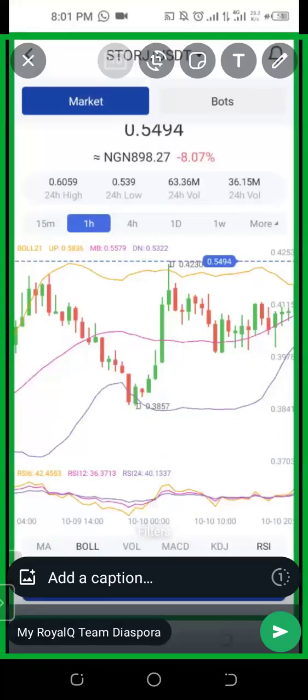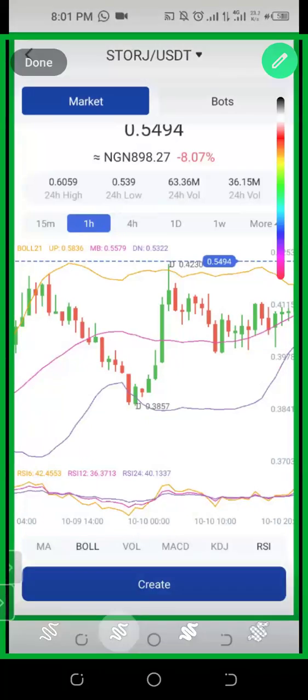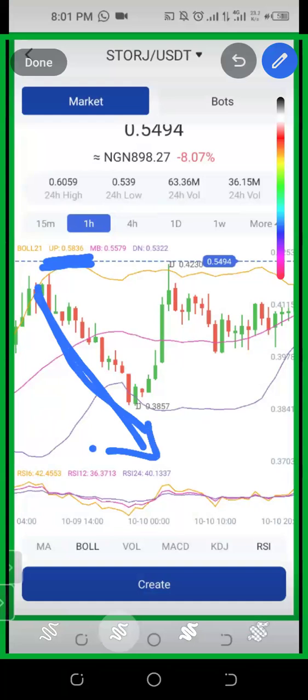I saw another good example here. After this downtrend, the coin went down from up here. And if you now enter your RoyalQ, you now saw this candle formed.